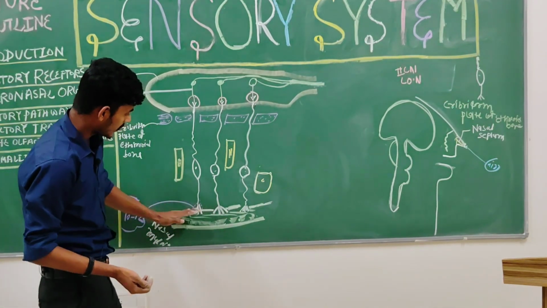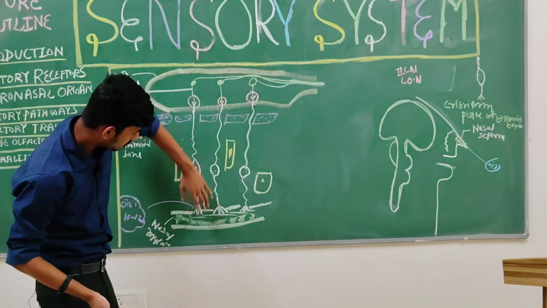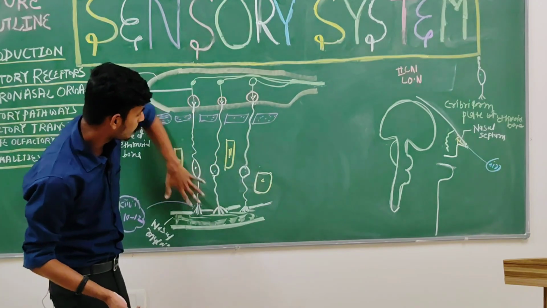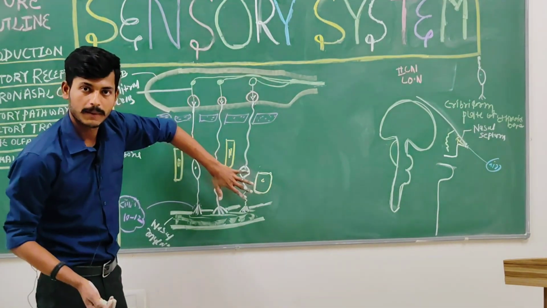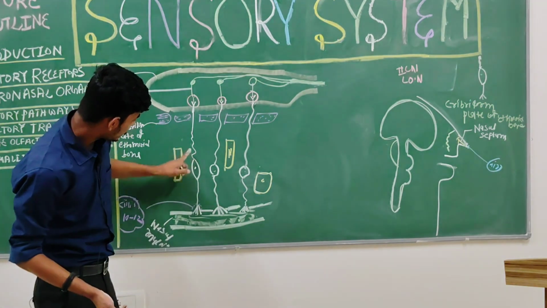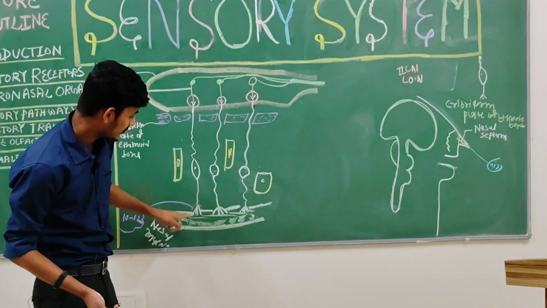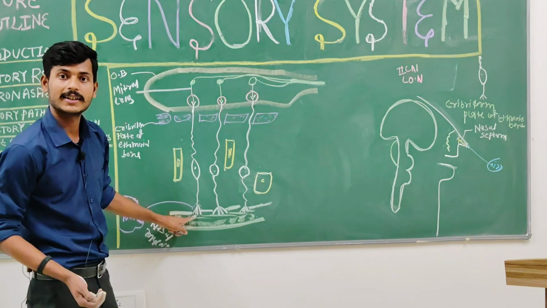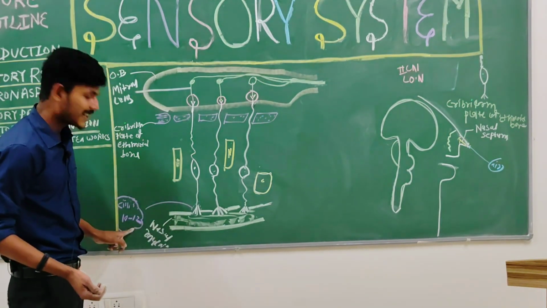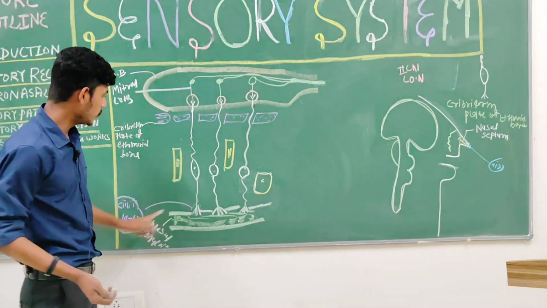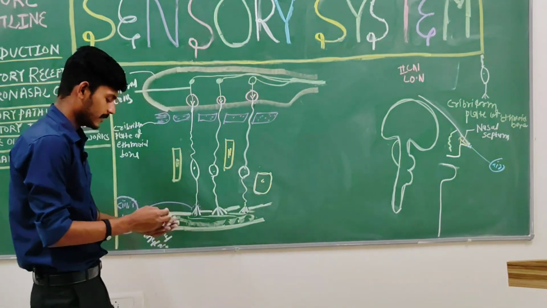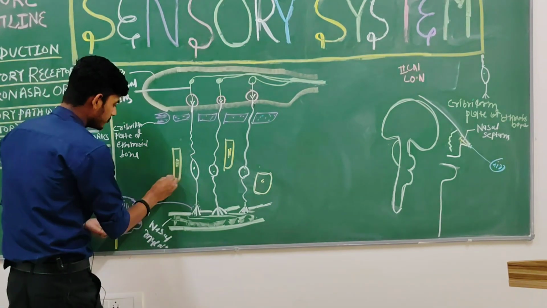This nasal mucosa is innervated by these bipolar receptor neurons. One end of these receptors contains the cilia, and their number is 10 to 12. And these are your testicular cells.